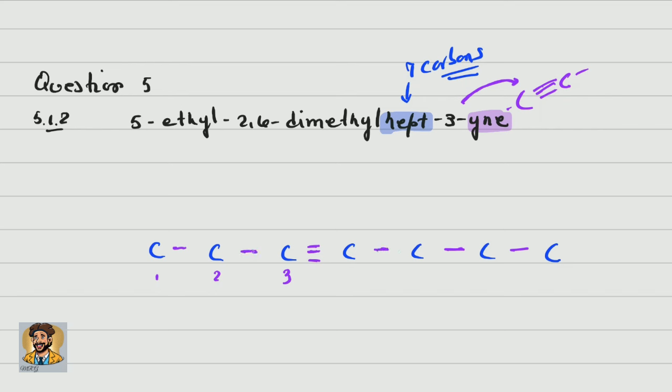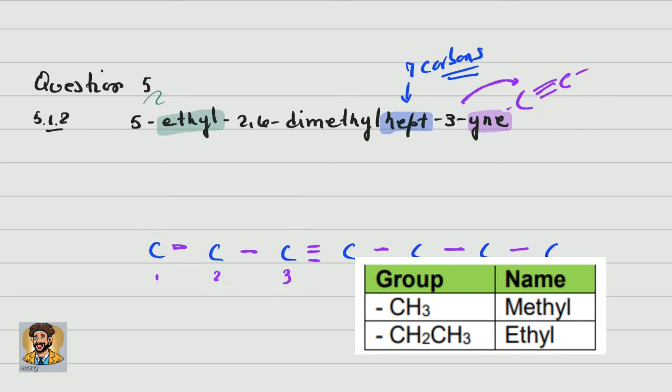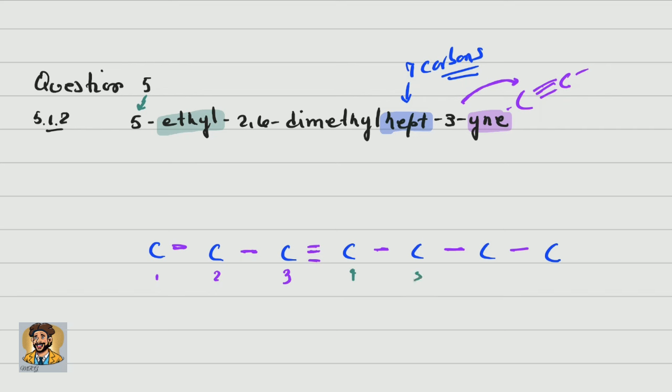And guys, note the following: you get 1 mark for the functional group. Then you are going to add the substituents. Now if we start from the beginning, we have an ethyl in carbon 5. Okay, remember I said I'm going to remove the numbers, so I have 3, 4, 5. There is carbon 5, so there in carbon 5 I have an ethyl.